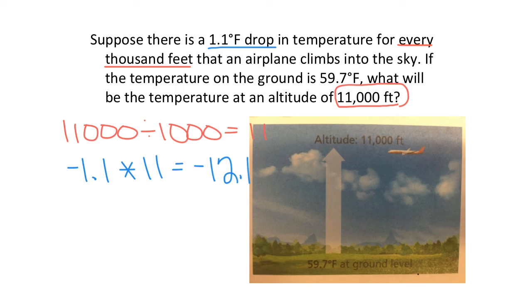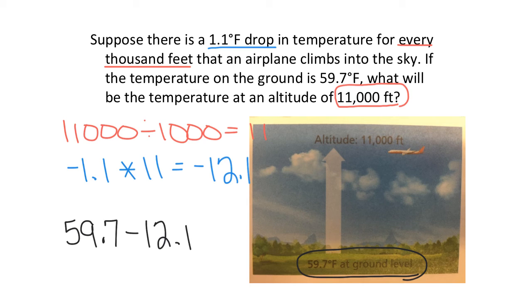So starting with our at ground level temperature, 59 7/10, we're going to drop the temperature 12 1/10 for a final temperature of 47 6/10 degrees Fahrenheit.